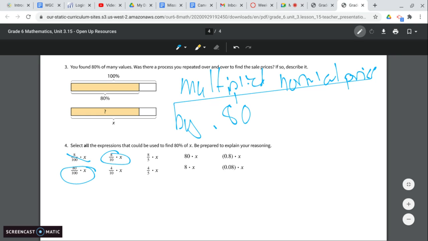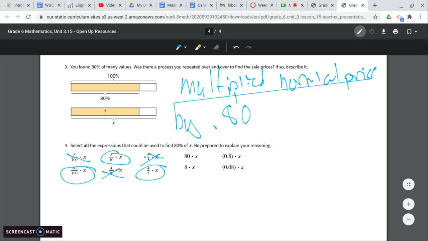Yep. We multiply it to our value. What about 4/10? No. It'd be 40%. What about 8/5? No, because that would be more than 100%. What about 4/5? Is that equivalent to 8/10, which is equivalent to 80 hundredths? Yes, it is.